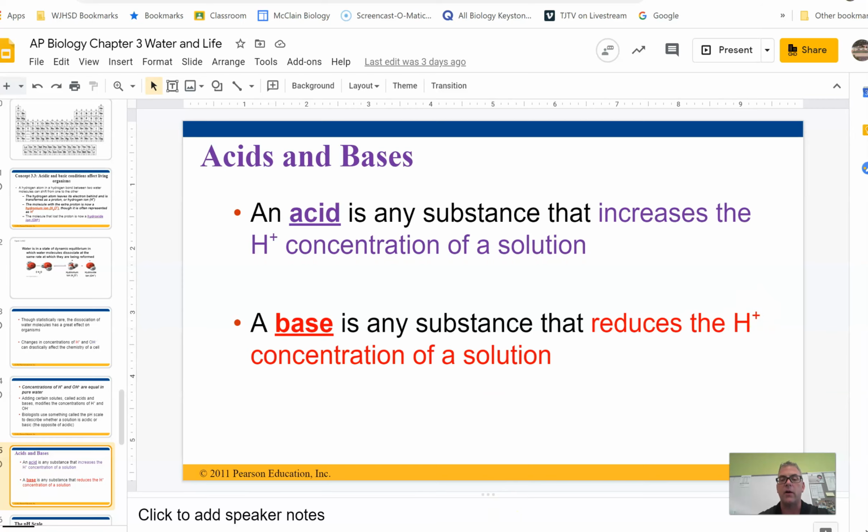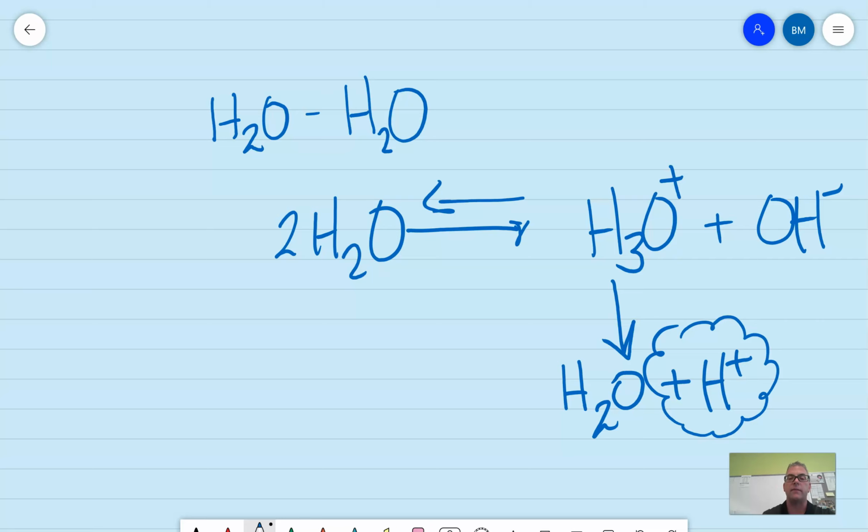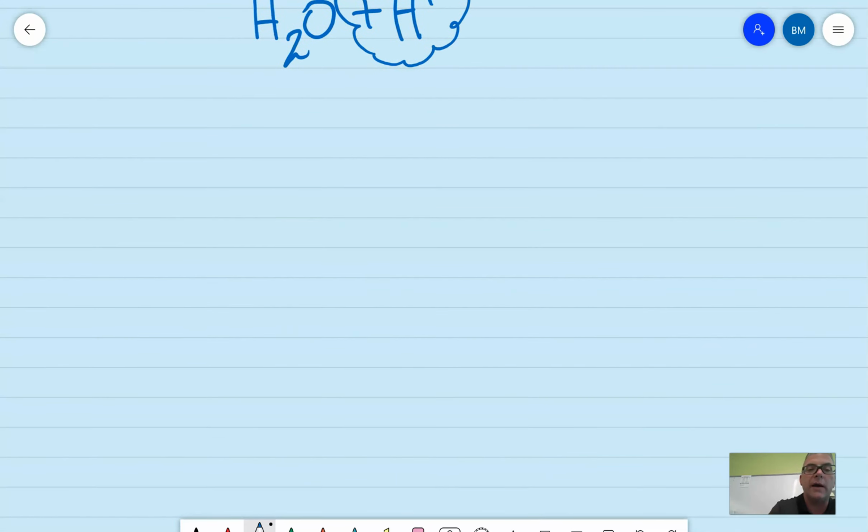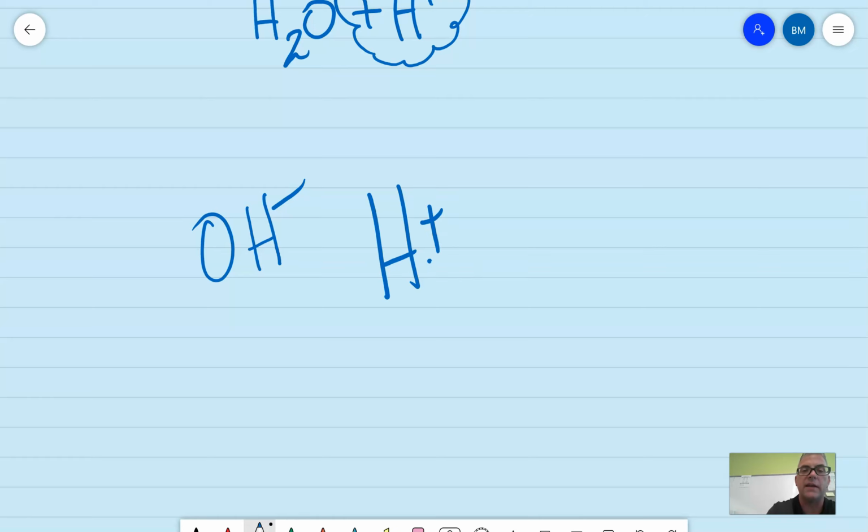So if I click back over to my sheet here and slide up a little bit, if you have a hydroxide like this, that hydroxide is going to try to grab some of the hydrogen that would be in the solution and reestablish that as H2O.